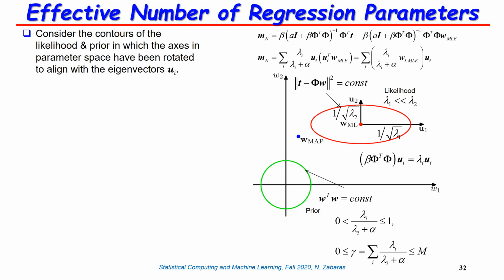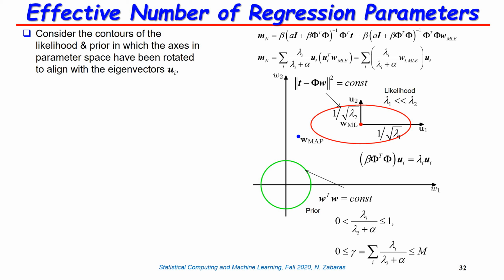On this extremely messy slide, I have aligned my likelihood model with the directions of the eigenvectors u1 and u2. In the notation we used before, u1 and u2 are the eigenvectors of phi transpose phi.